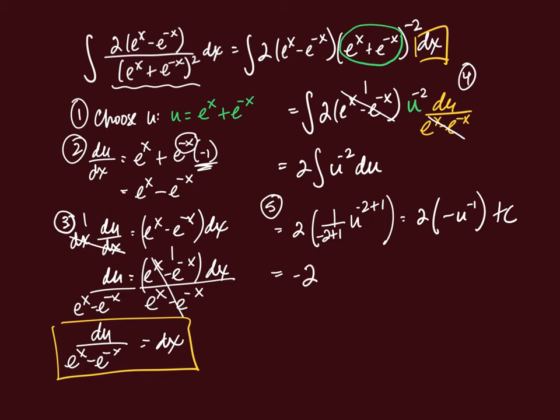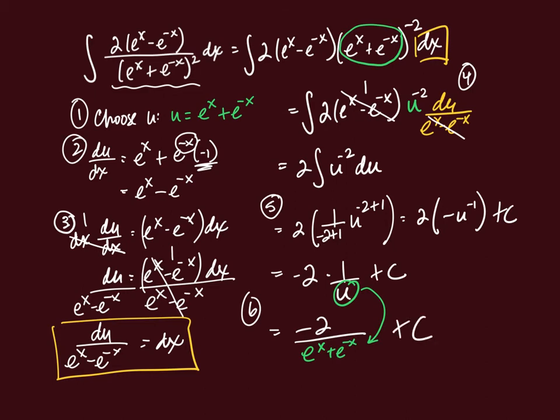So that's negative 2 times 1 over u plus c. And so last thing is I'm going to substitute out the u for e to the x plus e to the negative x. And don't forget your plus c.